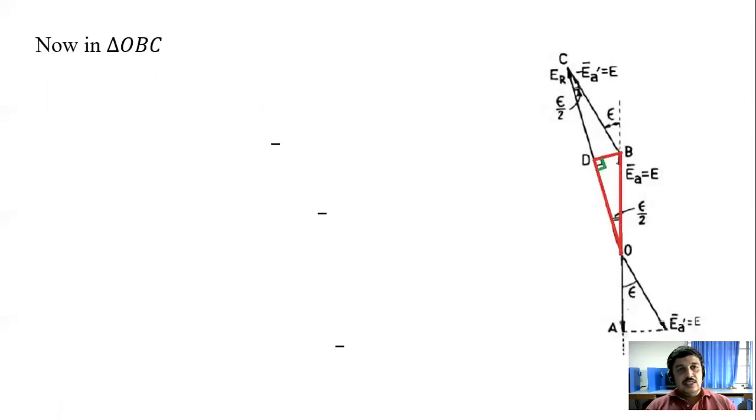Let us now consider triangle OBC, represented in the phasor diagram with red colored edges. Let us consider triangle OBD.